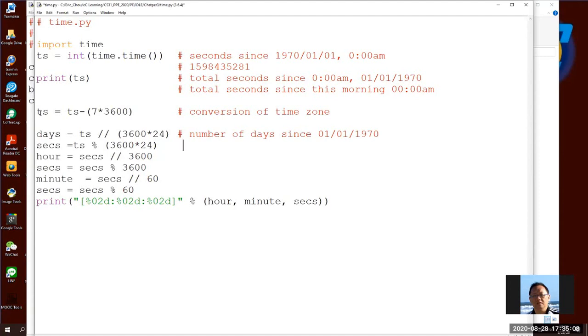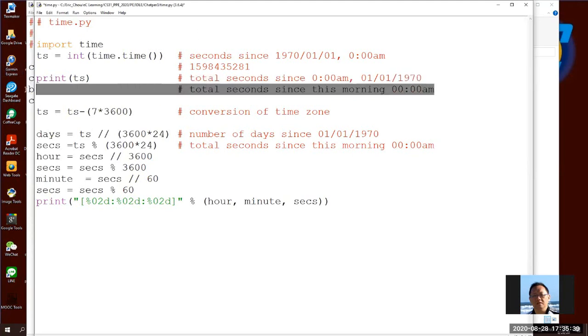And we do not need it, okay? And here this second should be total seconds since this morning. This line over here I delete it, okay?